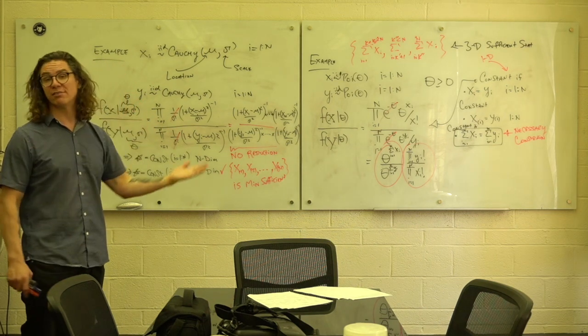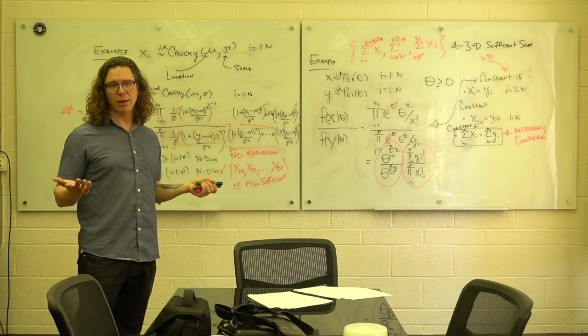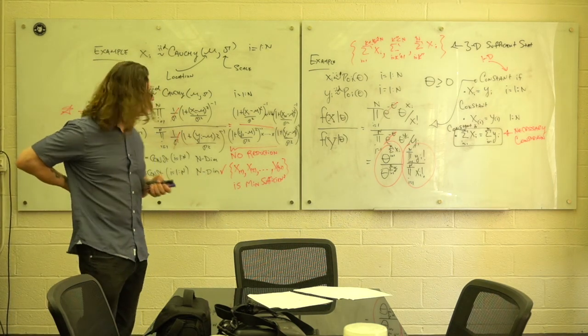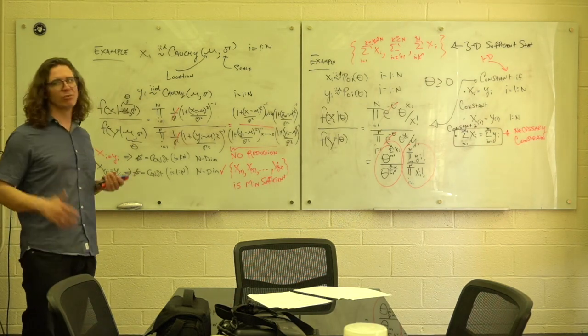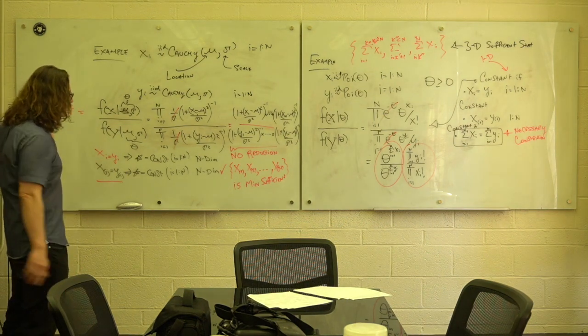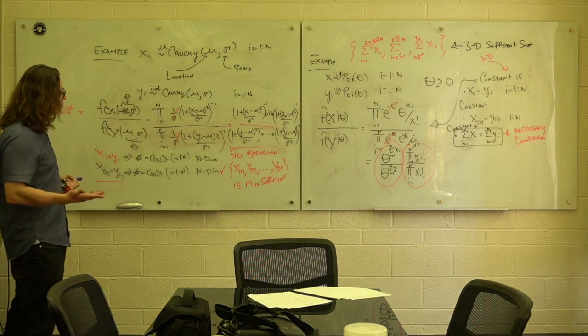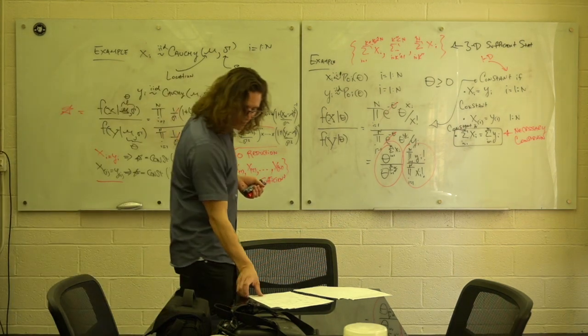So we have places like advanced research computing where they'll give us as many cores as we really need. Of course, there is a limit, but for all intents and purposes, there's no real practical limit here. So no reduction there. And there's lots of problems like that. So I'm just going to leave it at that. That's what minimal sufficient stats are.